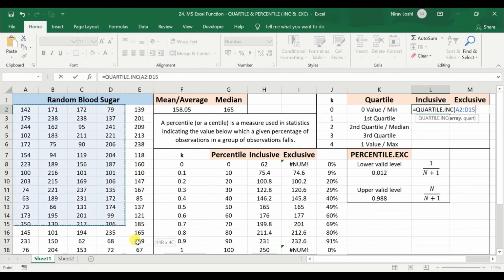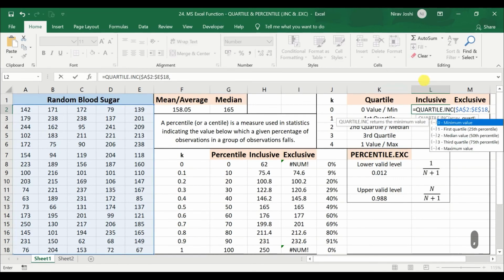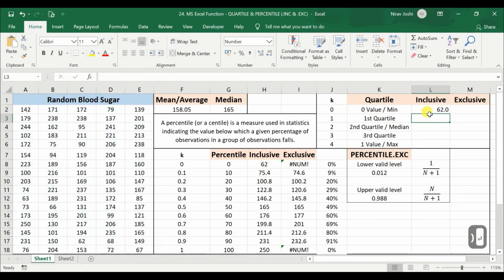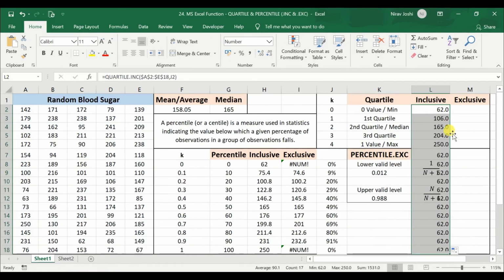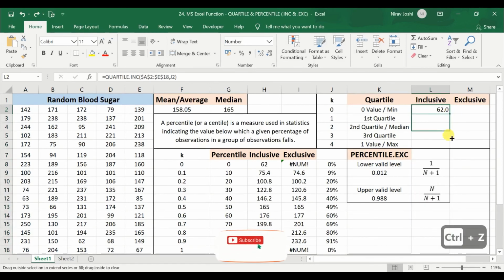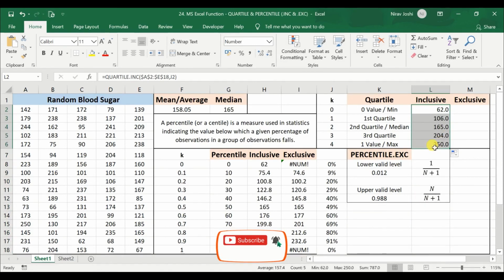Select the range, make it an absolute range, and we need to give the quartile number. So here 0 means the minimum value, 1 means the first quartile, and so on and so forth. So we will use this reference here and press enter. It will give us the minimum level, the maximum level and the quartiles.